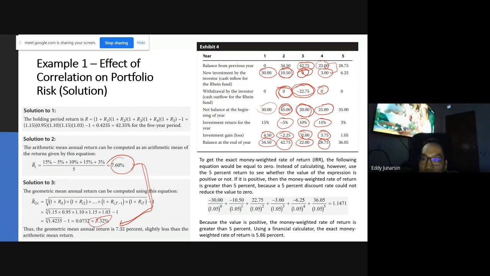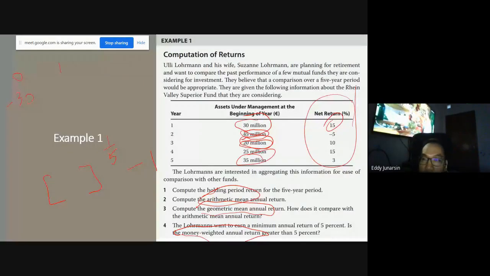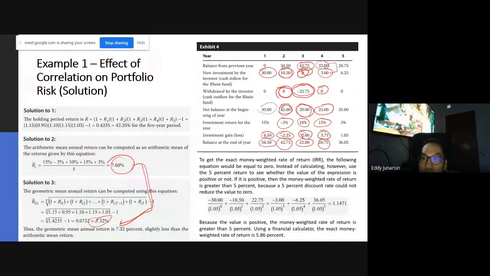So in year 5, we started year 5 with 35 million. We ended year 4 at 28.75, but we started year 5 with 35, meaning that there was an addition of 6.25, but no withdrawal.